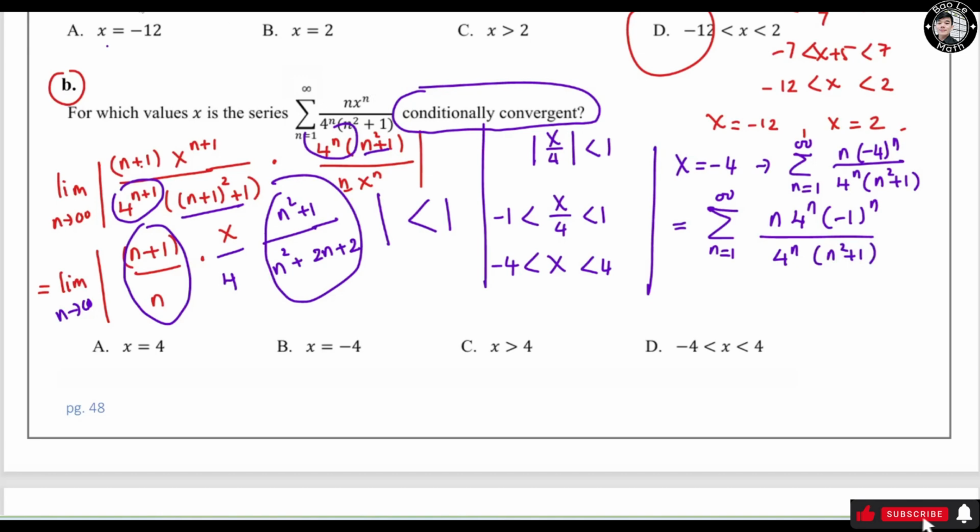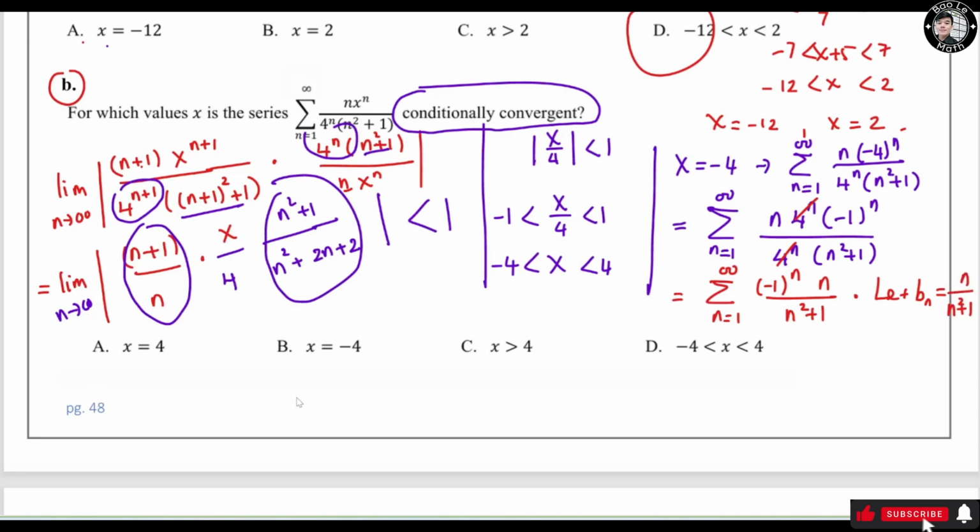Then you can cancel out this guy and this guy, so it's going to be the series of negative 1 raised to the n times n over n squared plus 1. Now I'm going to let b sub n be n over n squared plus 1.